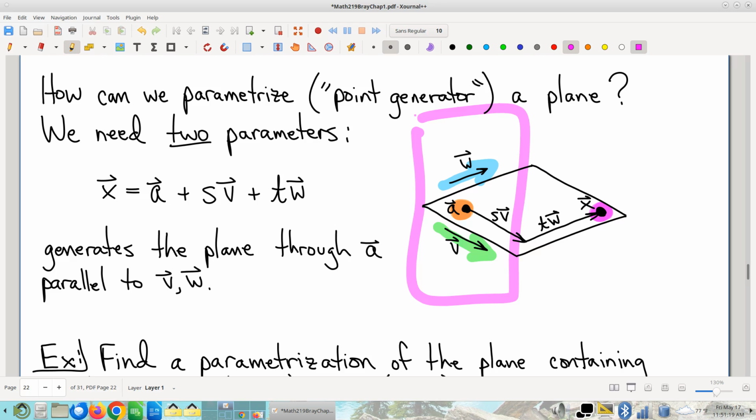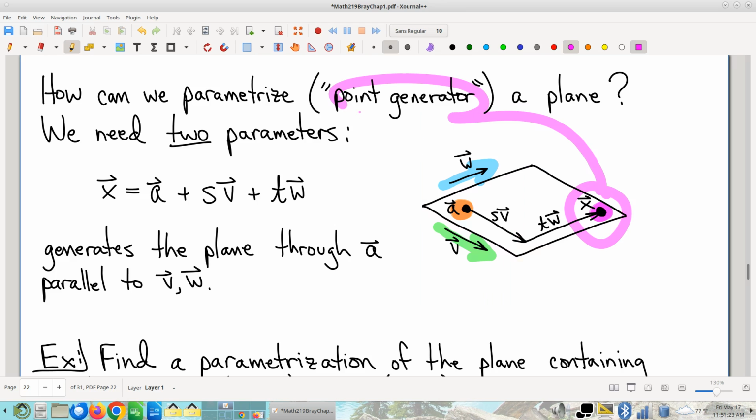So the way we're going to generate this point, how are we going to make that happen? Well, we're going to start at the point that we're given, and then we're going to move some amount, some multiple, to some extent in the v direction. So that'll be, of course, a scalar multiple of v.